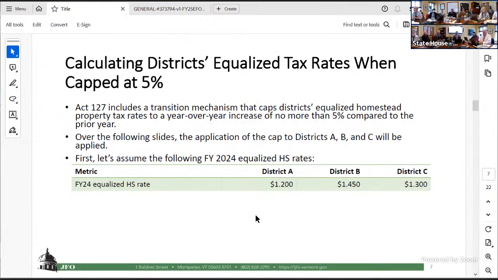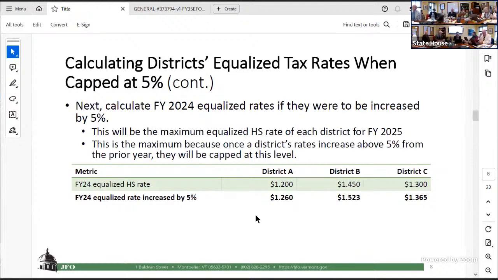So we start out and we say, okay, what were these districts' equalized homestead rates in FY24? So we just calculated their equalized FY25 rates, and now we're taking a look back and saying, what were they in the prior year? These are also made up from my head. And then we say, okay, what would be the FY24 equalized rate if it were to be increased by 5%?